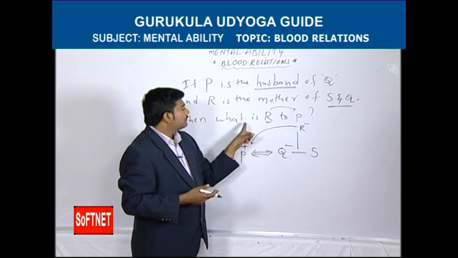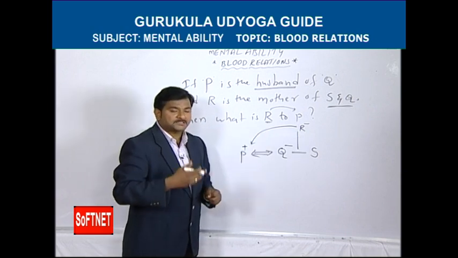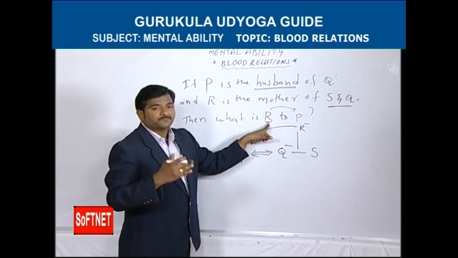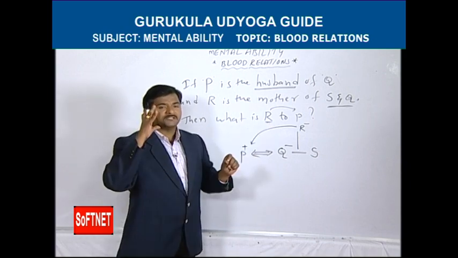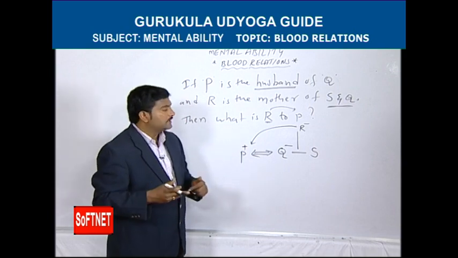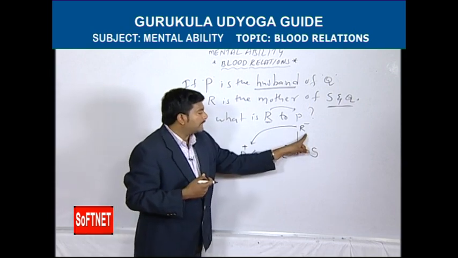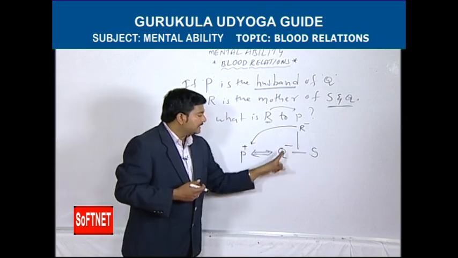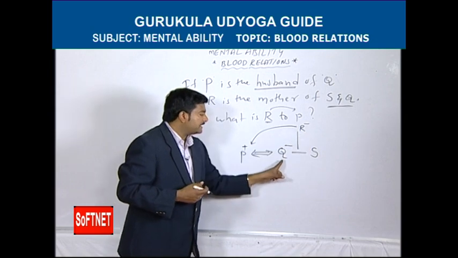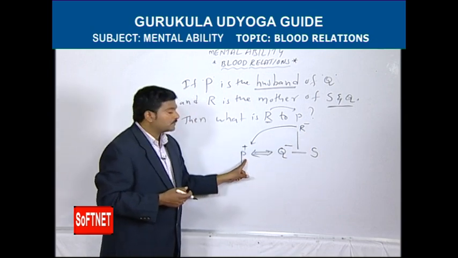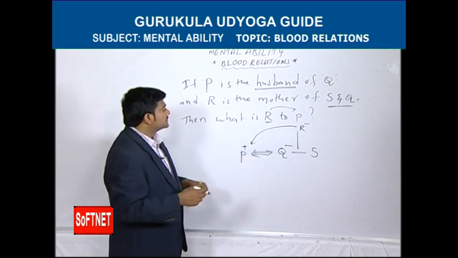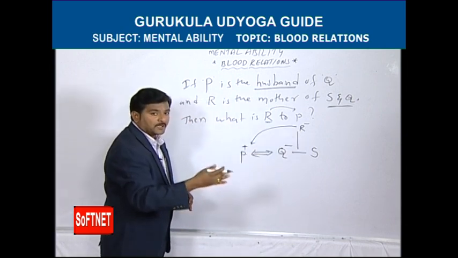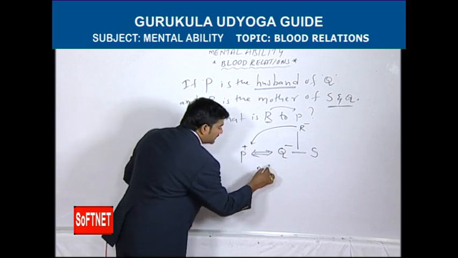He is asking the relation between R and P. That's why think that you are R. So for example, myself is R. My daughter's husband, right? My daughter's husband means obviously he is my son-in-law. But the question is, what is R to P? So obviously R is what?